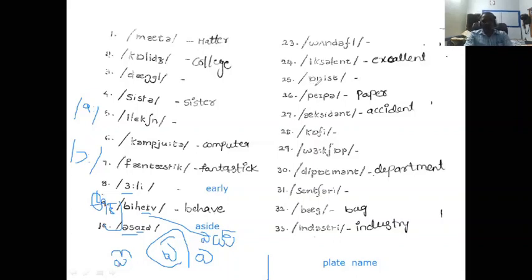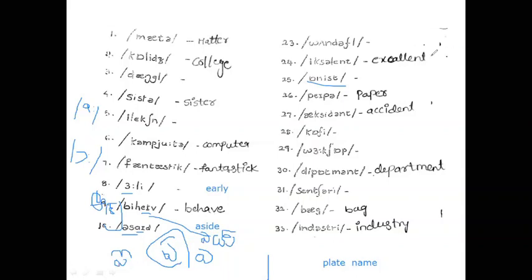what is this symbol? The first one we got in the word we used in college, right? We have seen that word in college. Before that, we also have some other words.